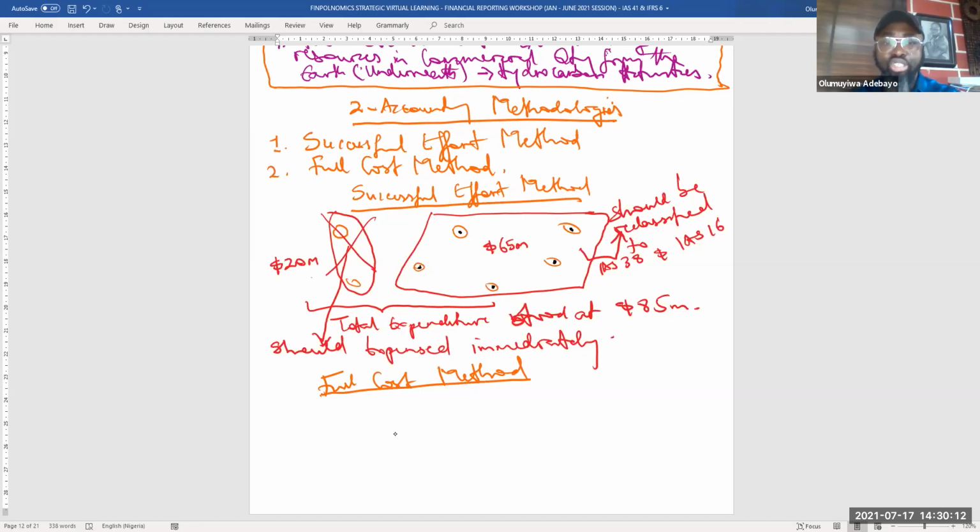Therefore, you need to exploit different parts in order to be able to narrow it down to where you can get oil. And on that basis, these 20 million relating to these two exploratory wells are integral parts of the other 5 exploratory wells.